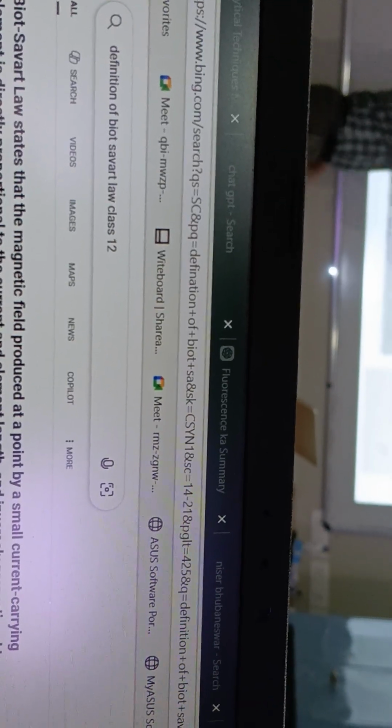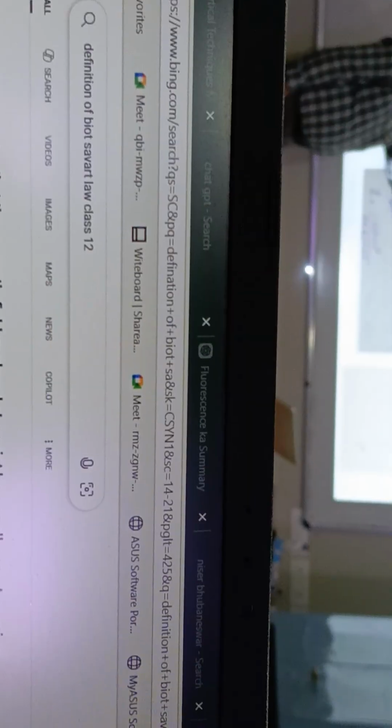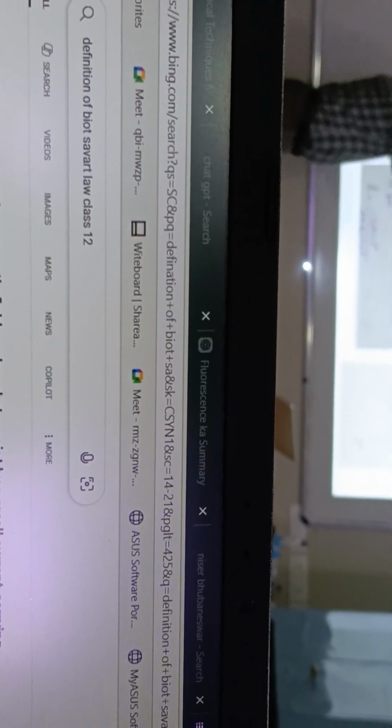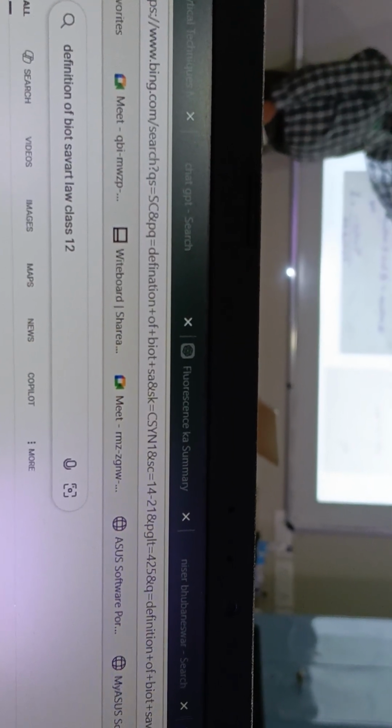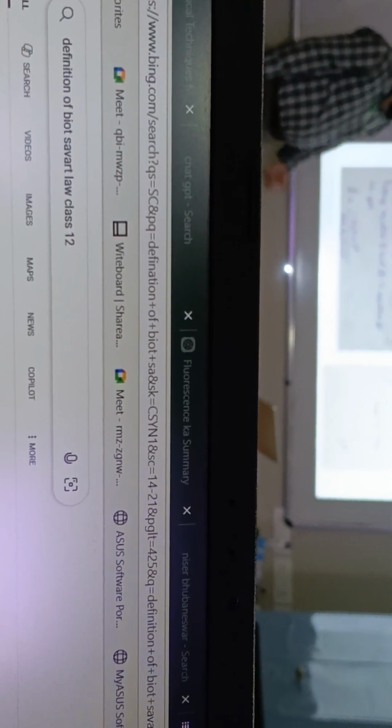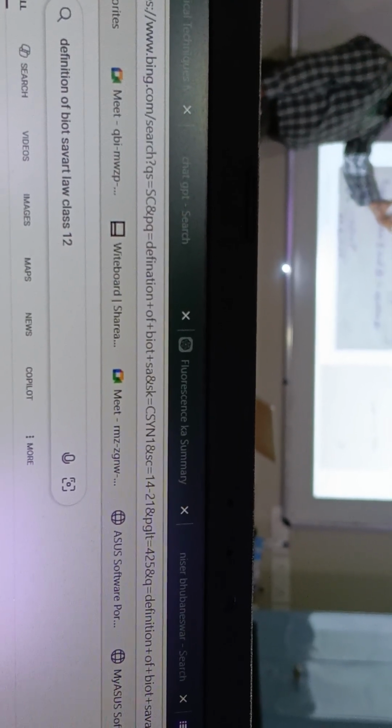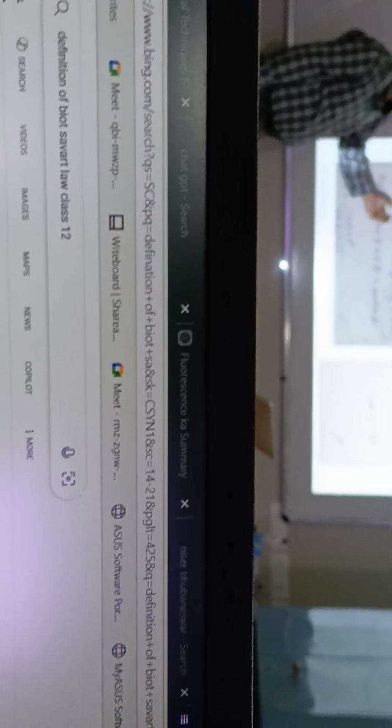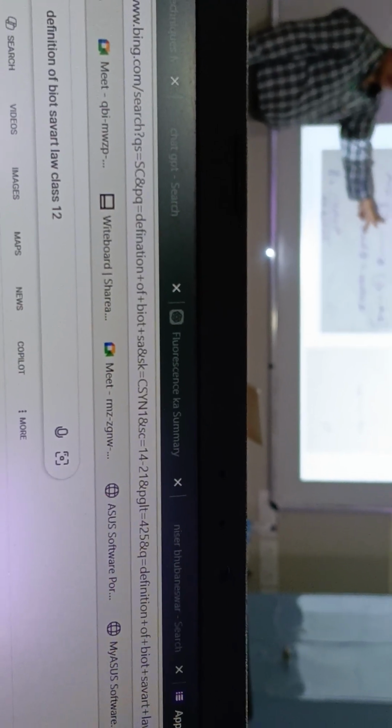What is this mu naught? Mu naught is the permeability of free space. With respect to light, we get the equation mu naught equals 1 by epsilon naught c squared.